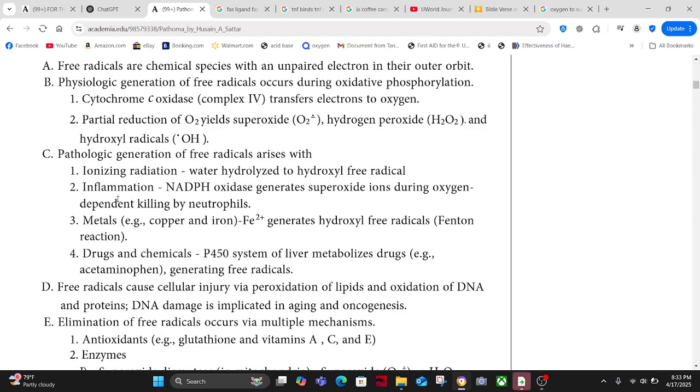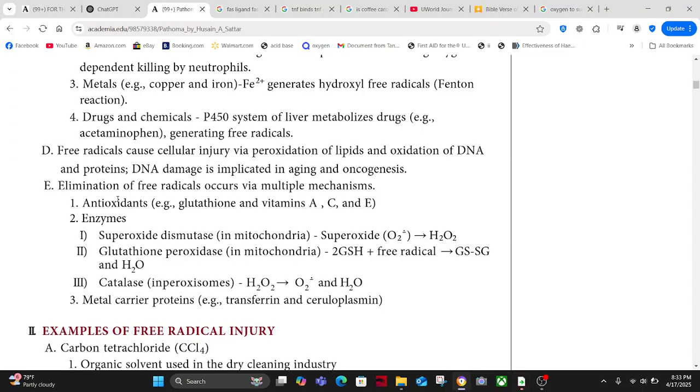So next we have elimination of free radicals. This is how the body eliminates the free radicals. The body eliminates free radicals by a few mechanisms. The first is antioxidants, then you have enzymes, then you have metal carrier proteins.